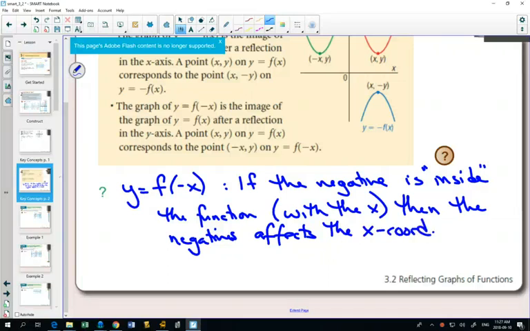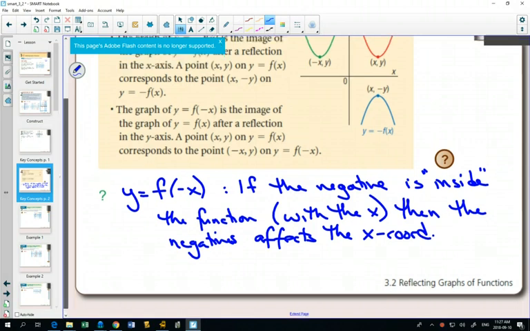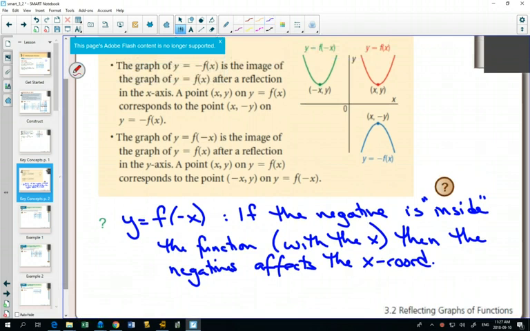the x coordinate. And if you imagine a point, and I'm going to label this one randomly, it looks like it's at 3, 2. If the negative affects the x coordinate, what's going to happen is that 3, 2 is going to become negative 3, 2.